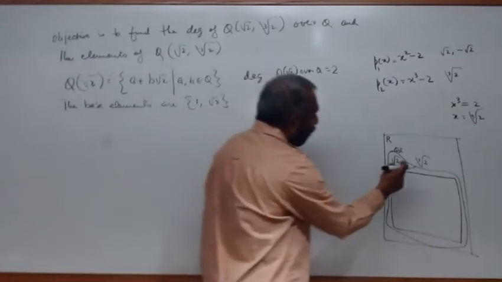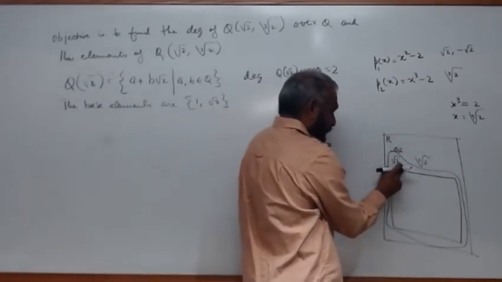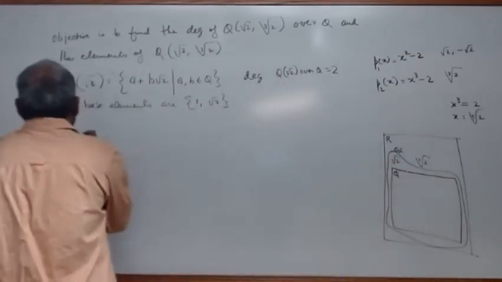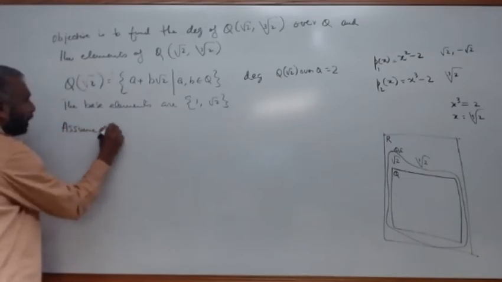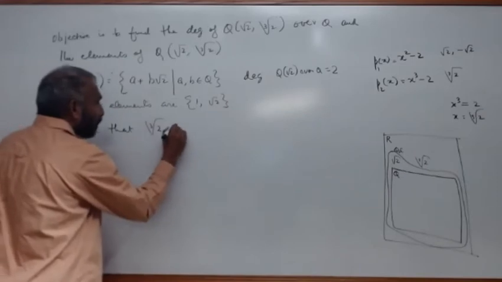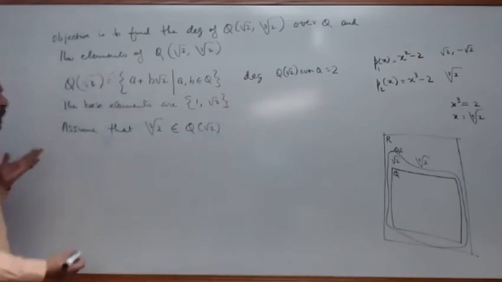If cube root of 2 is inside here, then what will happen? Assume that cube root of 2 is in Q(√2). What does that mean?